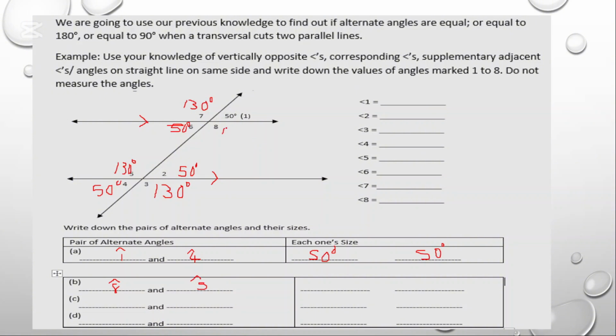Angle 8 is 130 because it is vertically opposite angle 7. So the size of angle 8 is 130. You see there? The size of angle 5 over here is also 130.